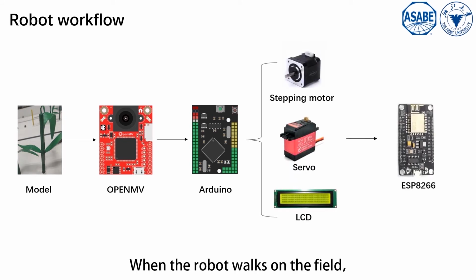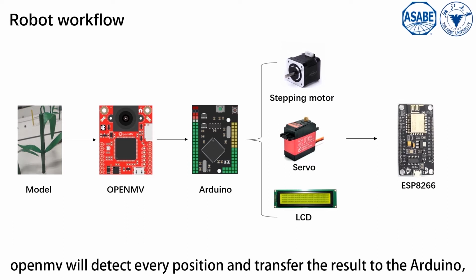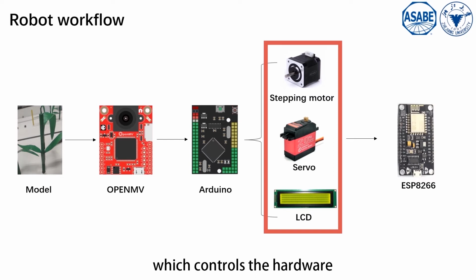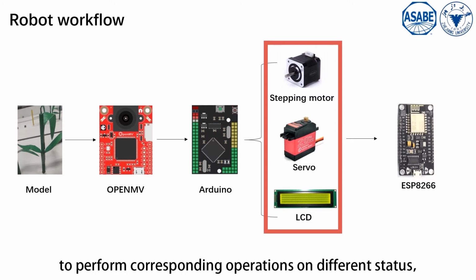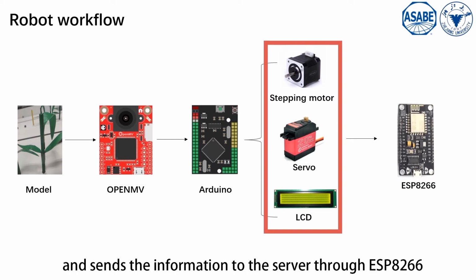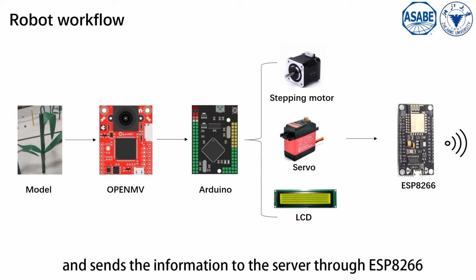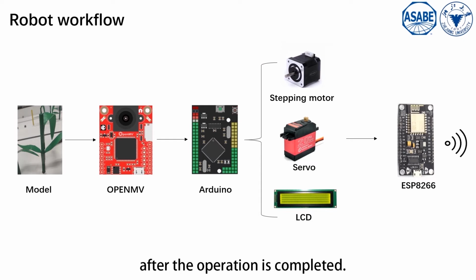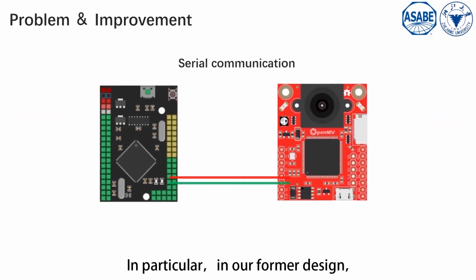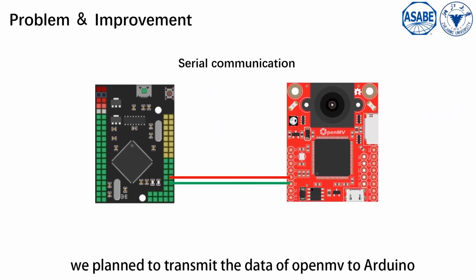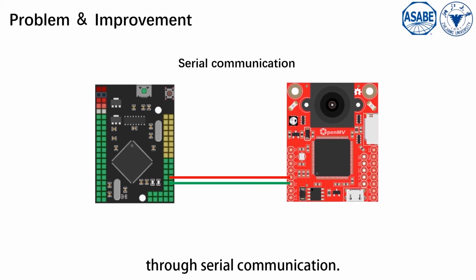When the robot works on the field, OpenMV will detect every position and transfer the result to Arduino, which controls the hardware to perform corresponding operations on different status and sends information to servers through ESP8266 after the operation is completed. In particular, in our formal design, we plan to transmit the data of OpenMV to Arduino through serial communication.